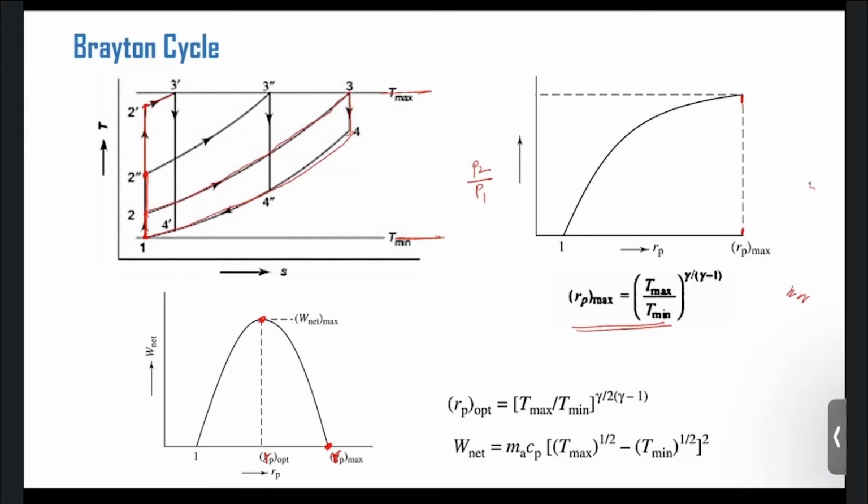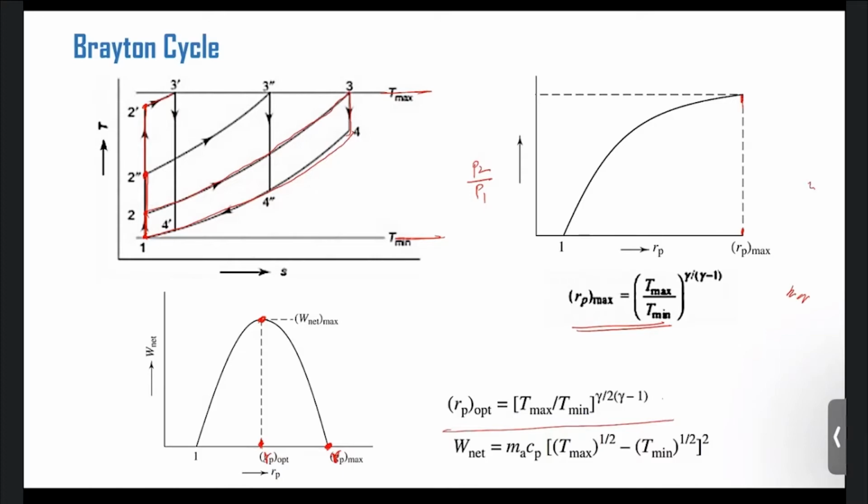So we want to know this point, the pressure ratio at which the work achieved is maximum. This optimum pressure ratio is defined as (T max by T min) raised to the power gamma by 2(gamma minus 1).